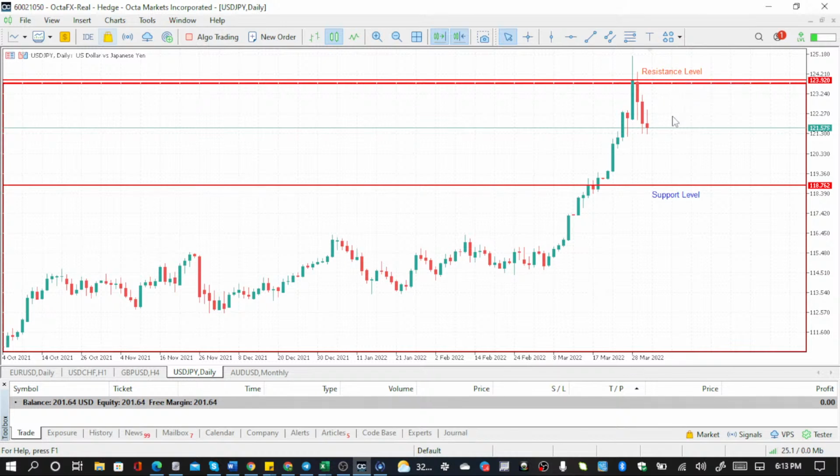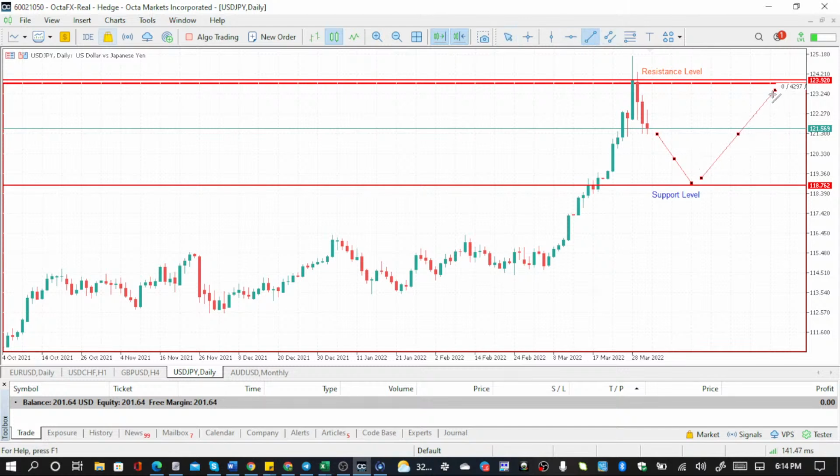Now look at what we have here. From my analysis, we are expecting the price to touch down this level before making any upside movement.